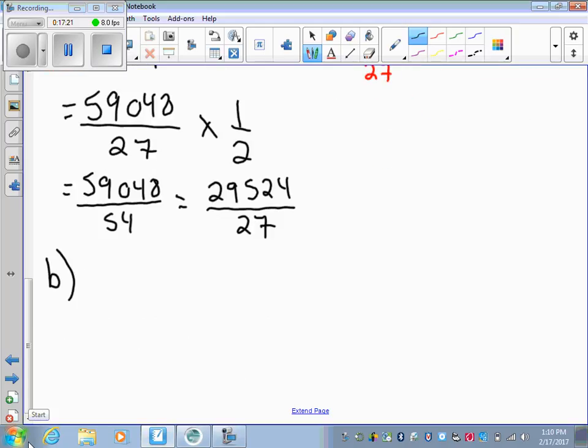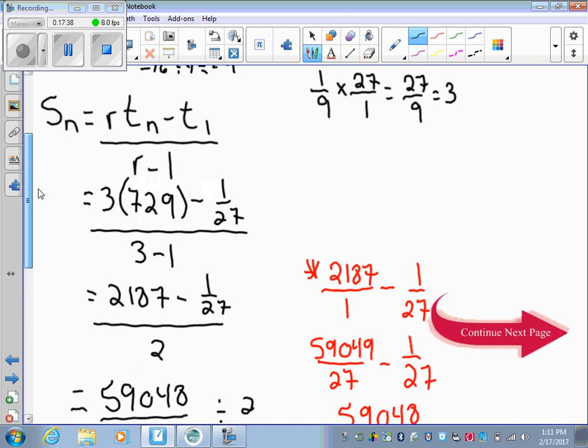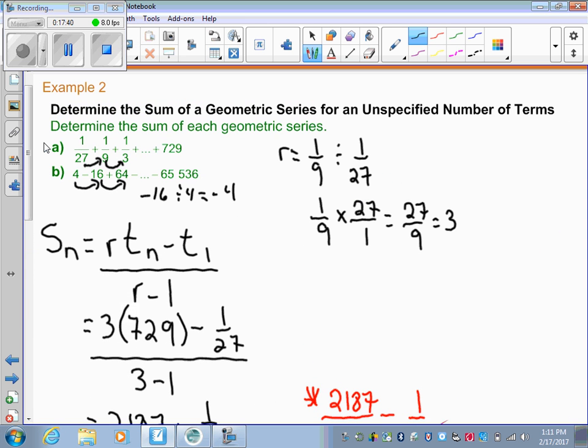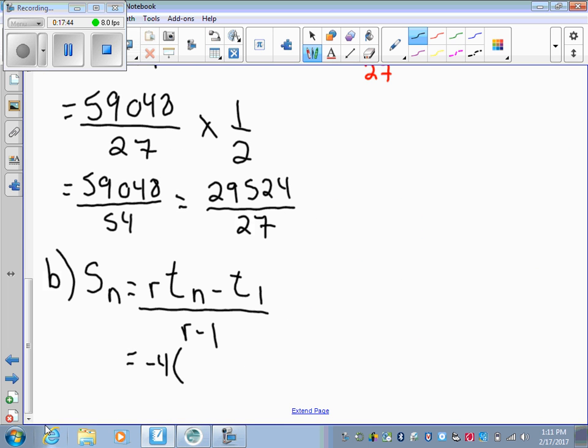So again, for the formula, we do R times Tn minus T1 divided by R minus 1. So our ratio is negative 4. Our Tn was negative 65,536.